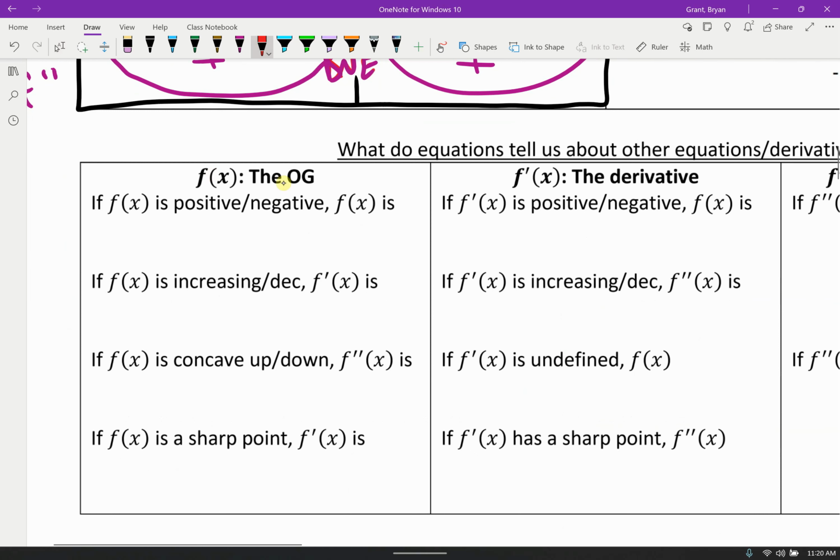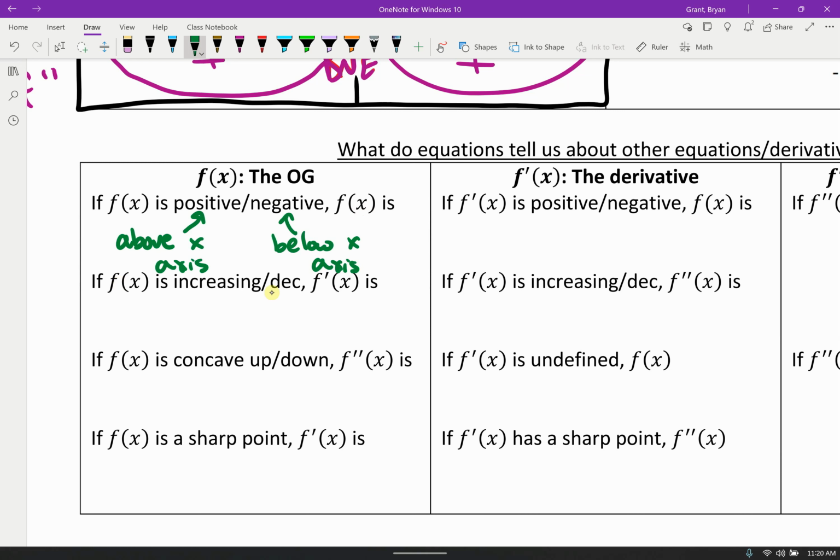So here we go. We'll start with f of x, the OG, the original graph or equation. We know that if f of x is positive or negative, then that tells us the graph is either above the x-axis or below the x-axis.